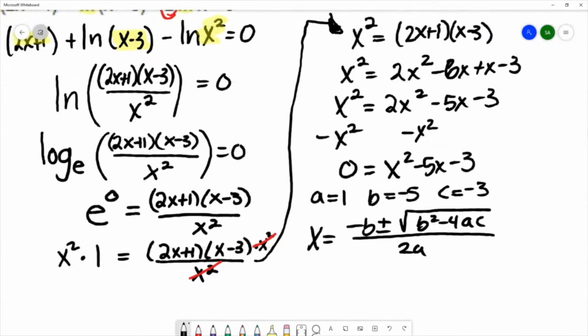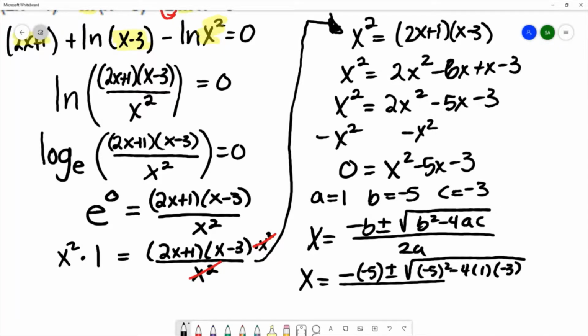So using the quadratic formula, I would have x equals negative negative 5 plus or minus the square root of negative 5 squared minus 4 times 1 times negative 3 all over 2 times 1.